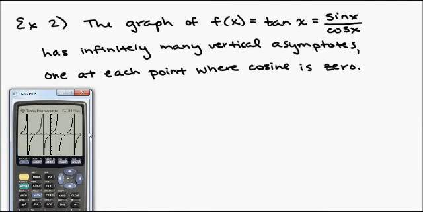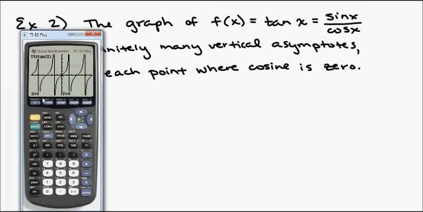And those are where cosine equals 0. If you remember from the unit circle, cosine equals 0 at pi over 2. That's the first time on the unit circle where cosine is 0. So if x is pi over 2, you see there's nothing written there for the y. It is undefined.